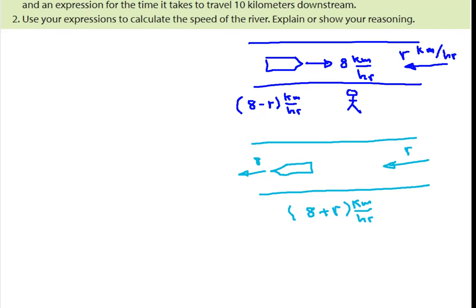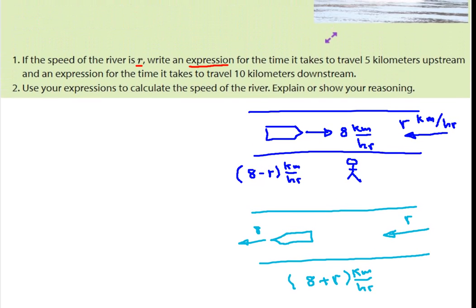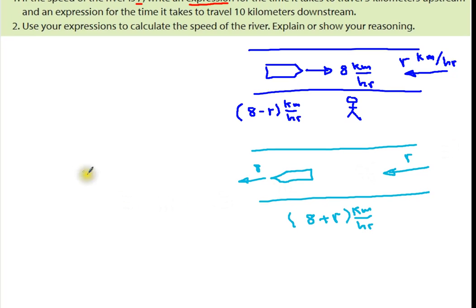So the first part of this said, write an expression for the time it takes to travel 5 kilometers upstream and one for it traveling 10 kilometers downstream. Well, we know in general that the speed is equal to the distance it goes divided by the time it took.